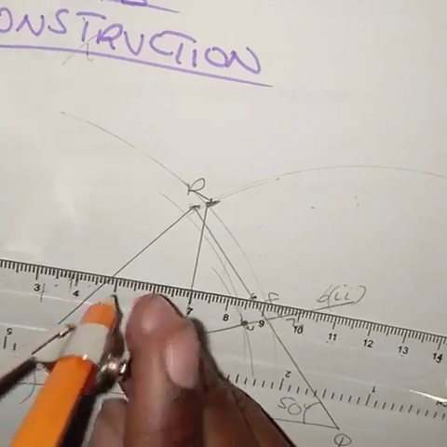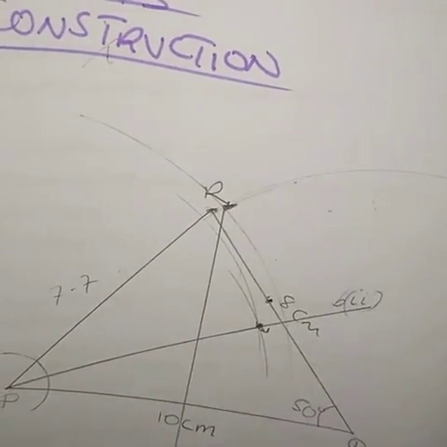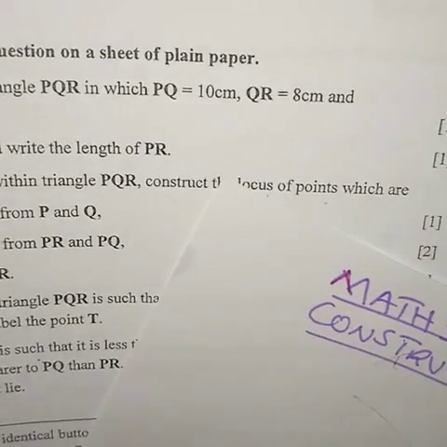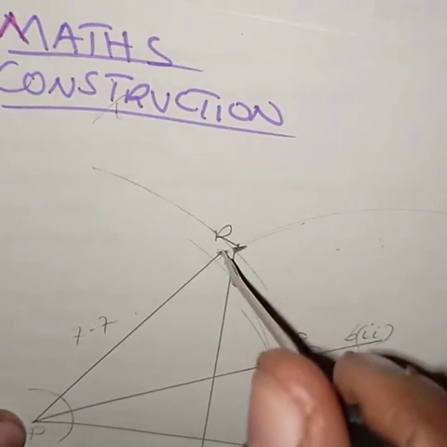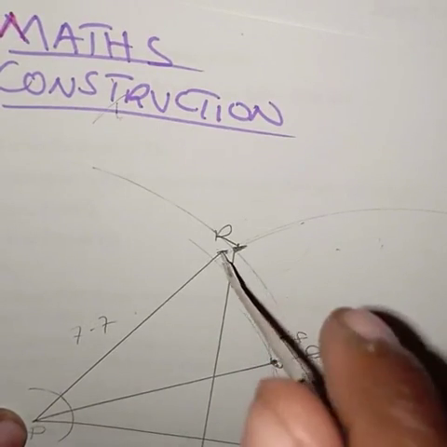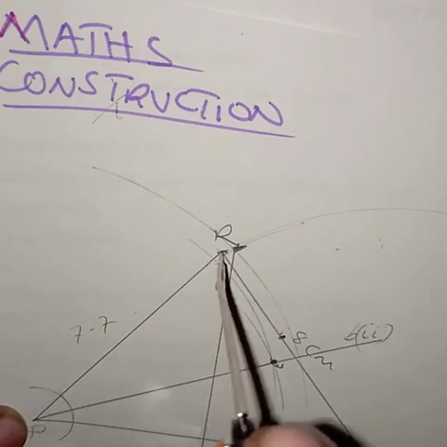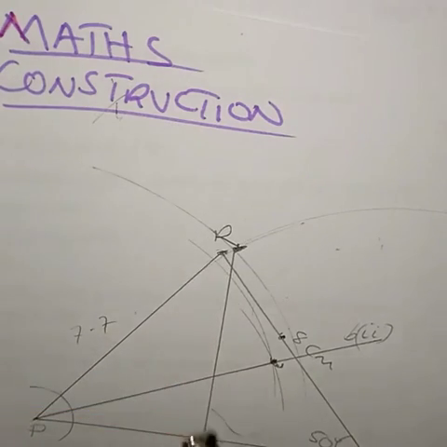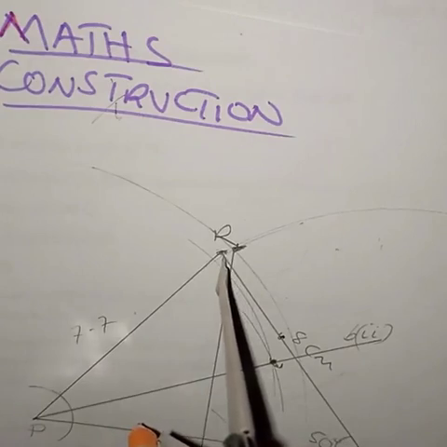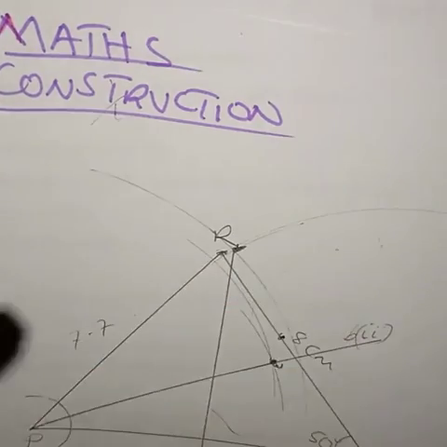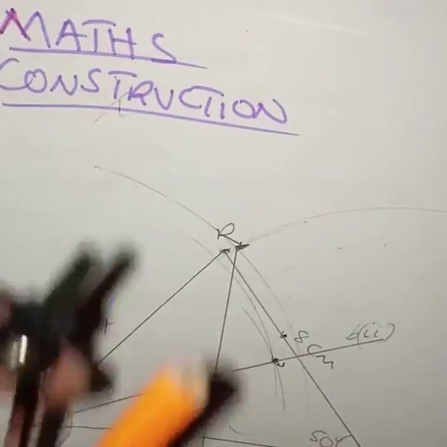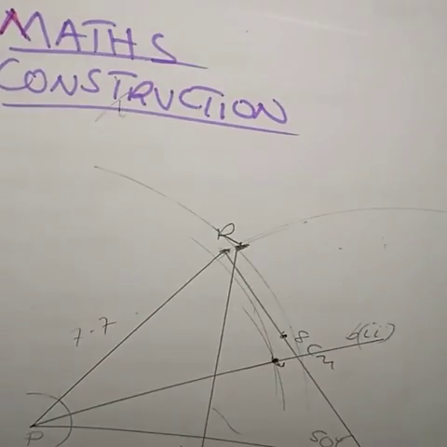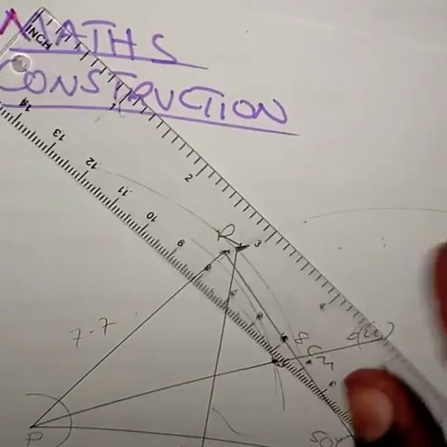That's my 5. So this question is saying 5 centimeters from R. So I'll just go on R and draw a locus. Oh, make sure this thing must not be moving. You try to tighten it. So let's see if it has moved.